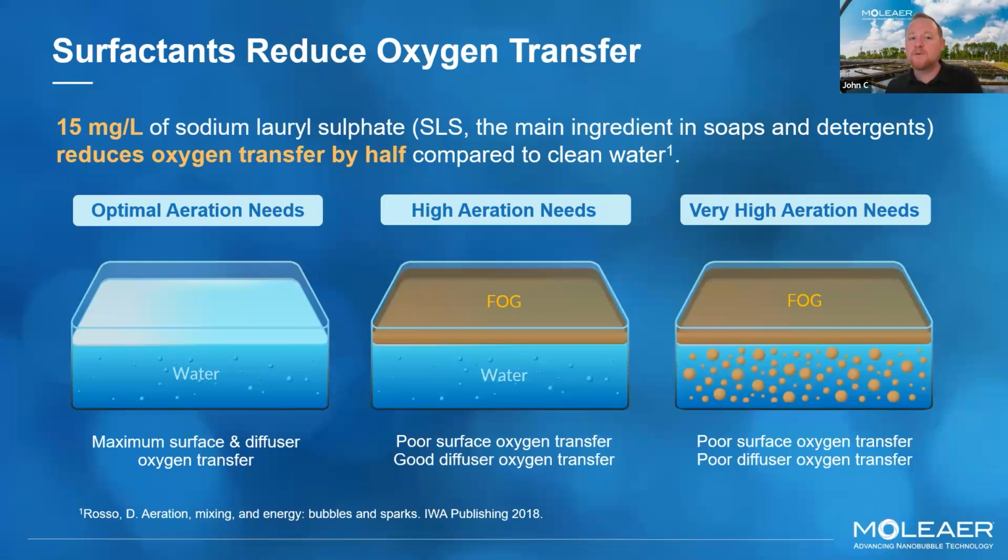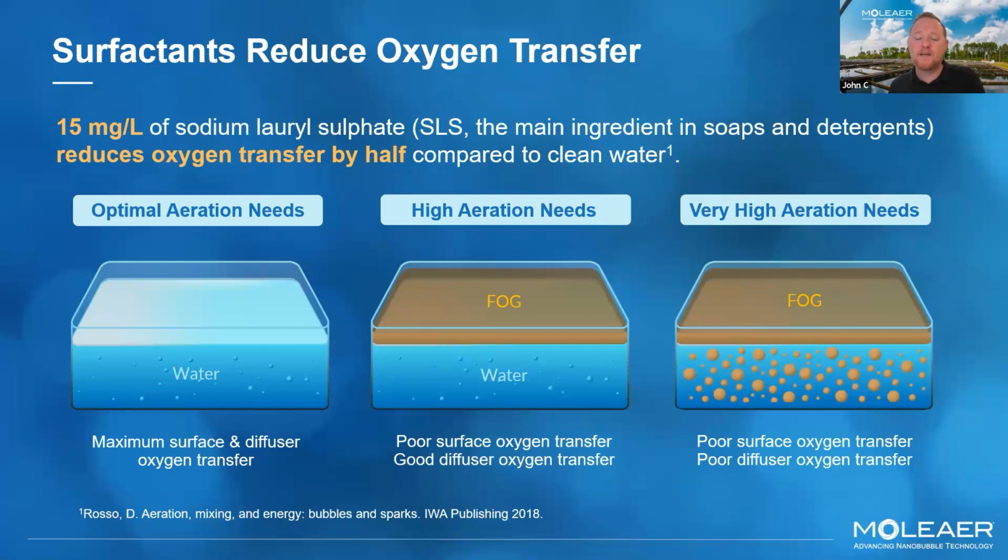Only 15 milligrams per liter of sodium lauryl sulfate, the most common of the surfactants in our consumer products, reduces oxygen transfer by half compared to clean water. That's extreme. But in most wastewater treatment plants, we see total surfactant concentrations coming into the plant of 20 plus milligrams per liter, sometimes 30 milligrams per liter.